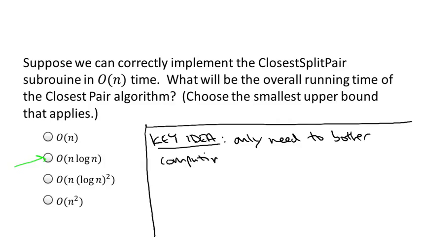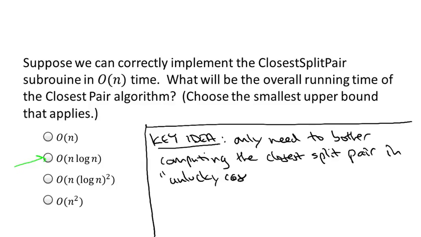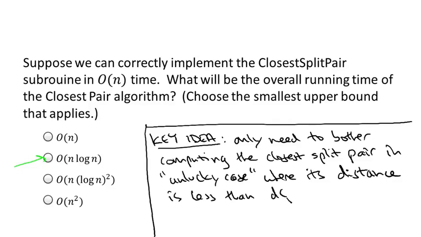I'm not actually going to show you a linear time subroutine that always correctly computes the closest split pair of a point set. The reason I'm not going to do that is that's actually a strictly harder problem than what we need to have a correct recursive algorithm. We do not actually need a subroutine that, for every point set, always correctly computes the closest split pair of points.